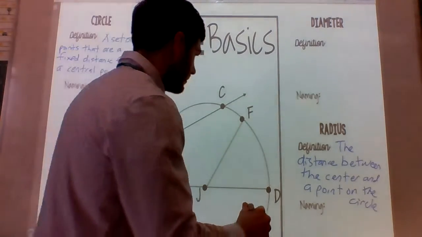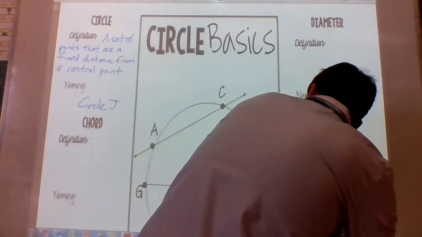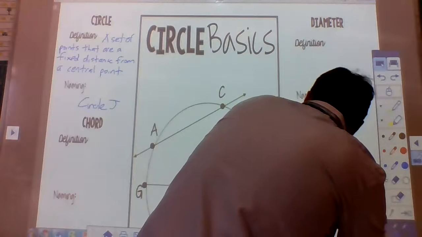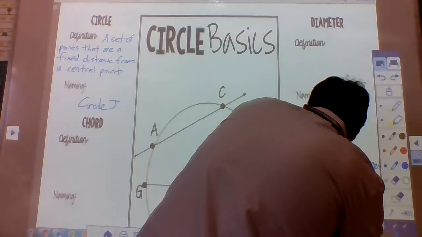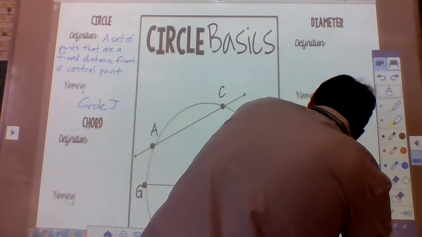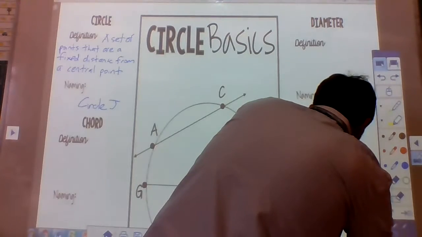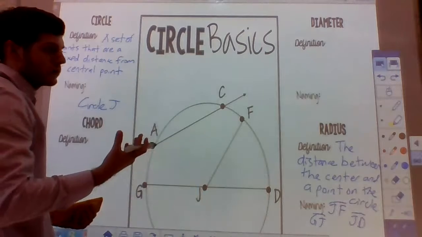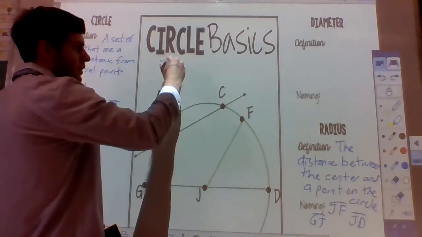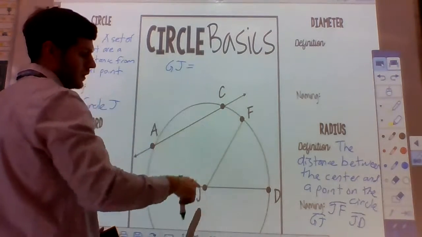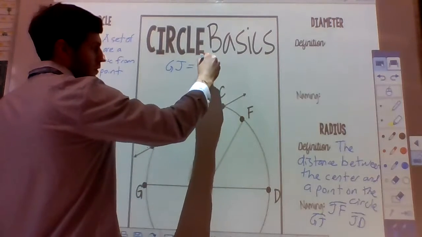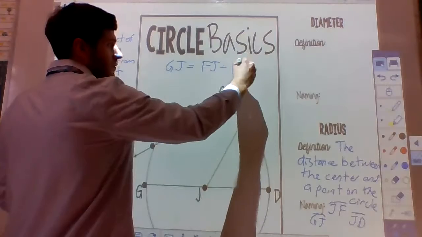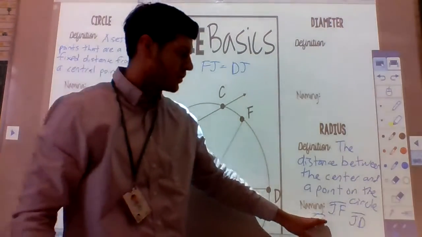So JF, JG, and JD would all be segments that represent a radius. The actual distance itself would be JG, or FJ, or DJ. These are segments that represent the radius.